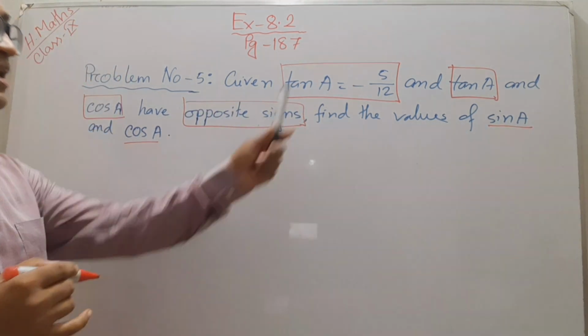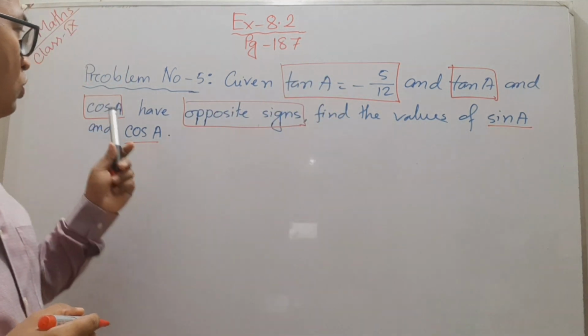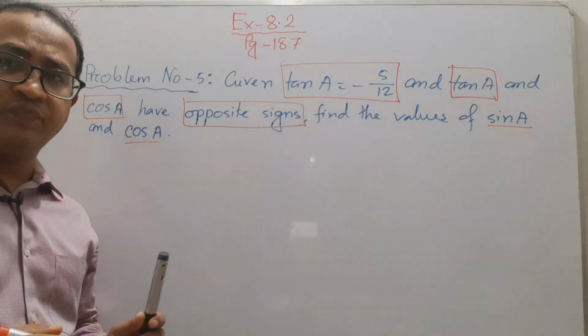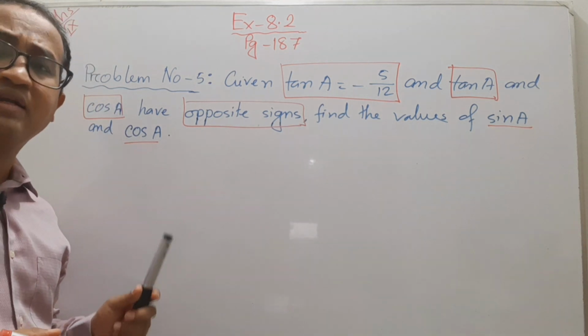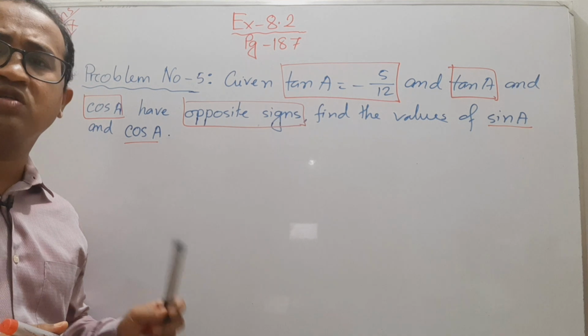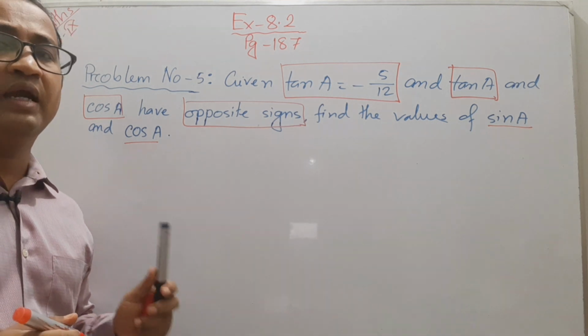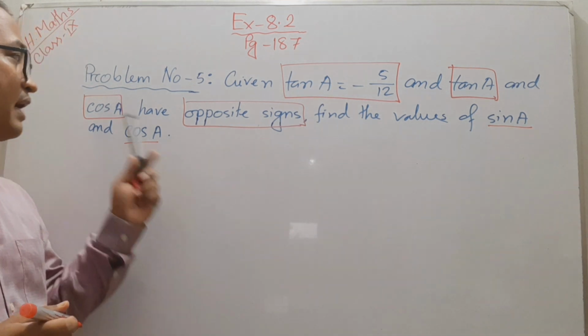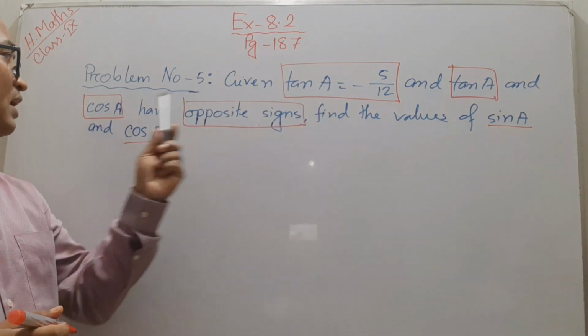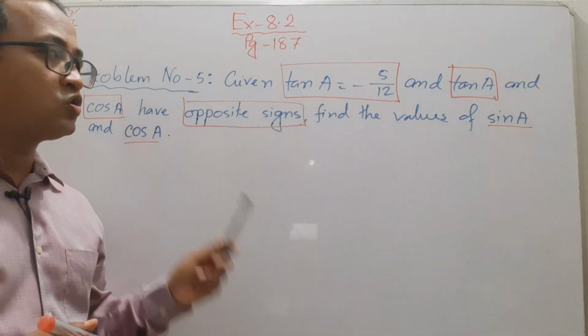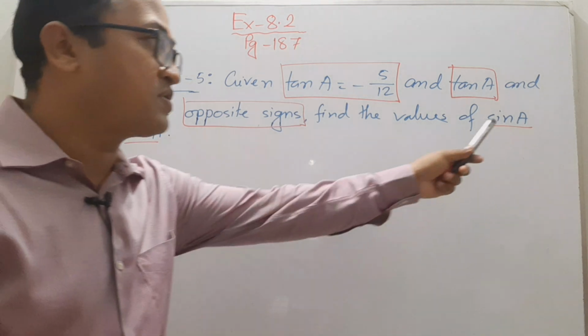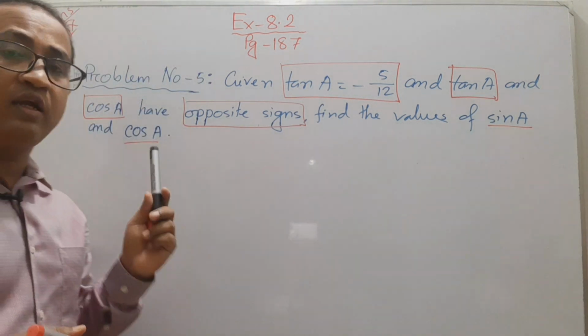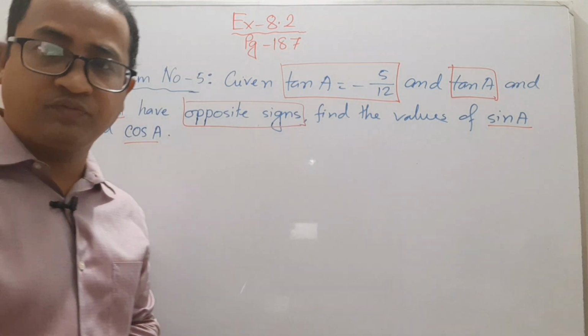That means tan A is negative, so cos A should be positive. Now in which quadrant is tan A negative but cos A positive? Yes, in the fourth quadrant. So we will find the values of sin A and cos A in the fourth quadrant.